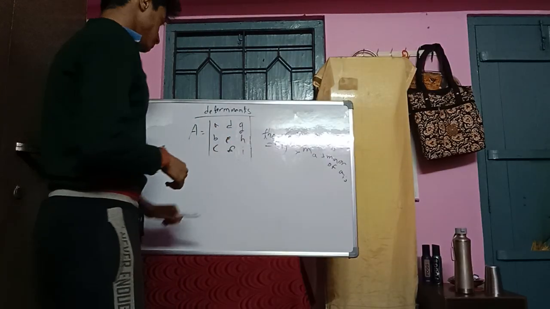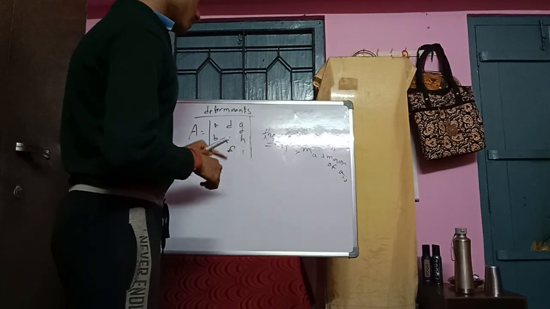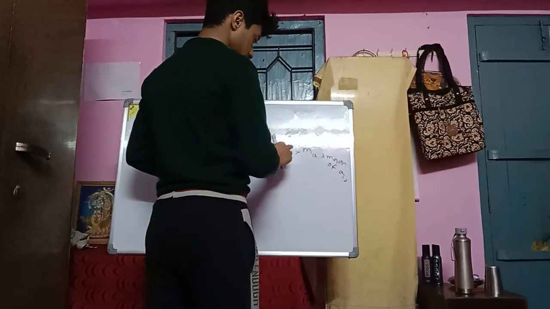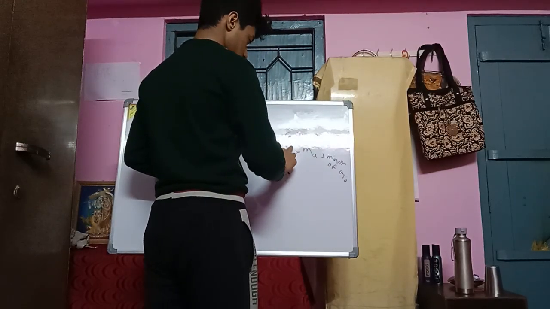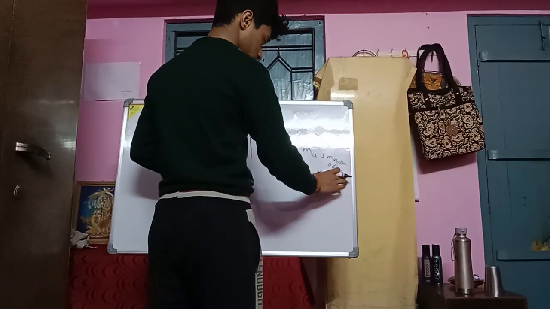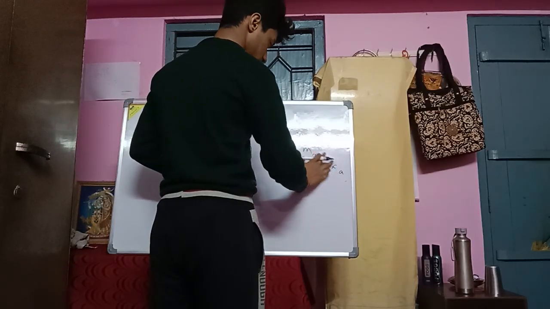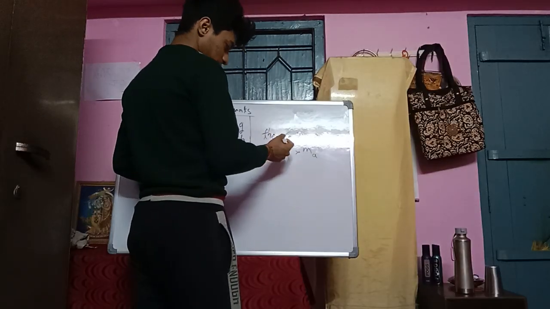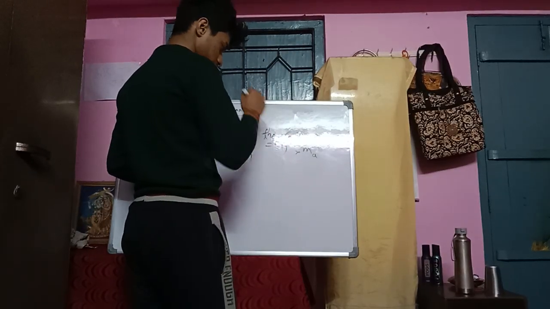So for this particular element A, the cofactor would be: both i and j are 1 here, so it would be 1 plus 1. We would have the minor of A. So we have -1 to the 1 plus 1, that is 2, -1 squared.